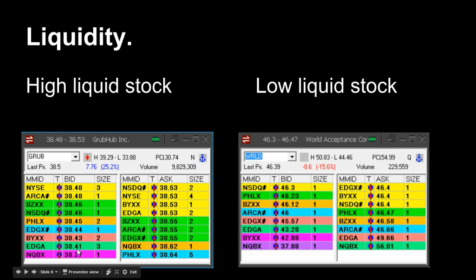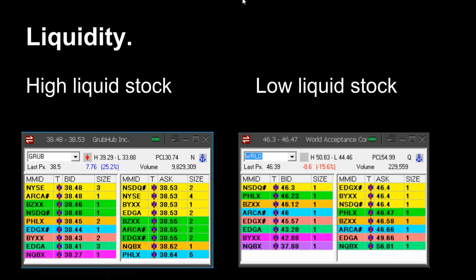We have 0.41, 0.43, 0.44, almost consecutive. So a lot of people want to trade this stock at each single price level. There is a lot of interest, a lot of people that want to buy or sell this stock. That's liquidity, and you can see it from the level 2.